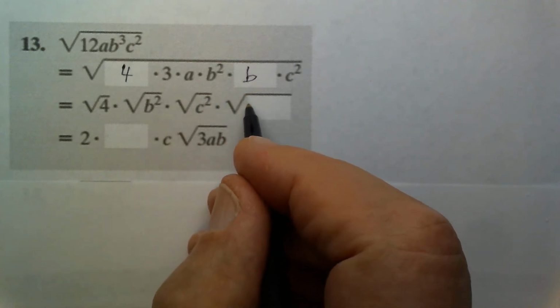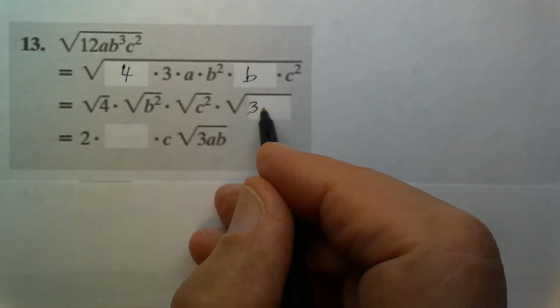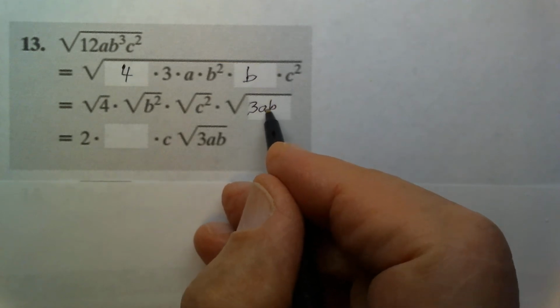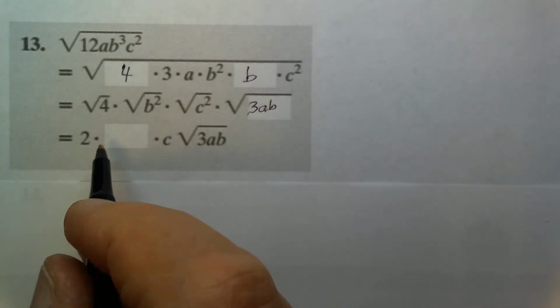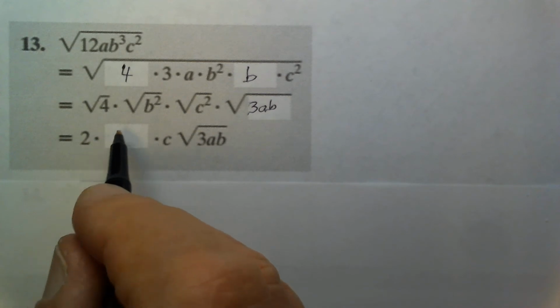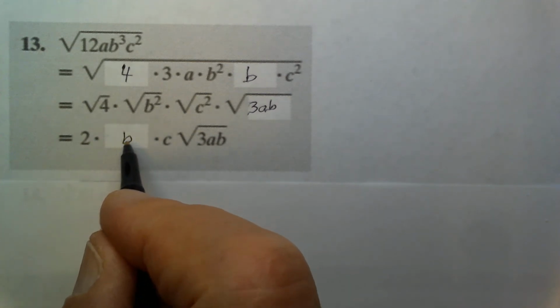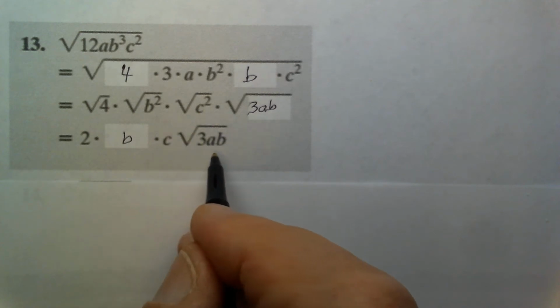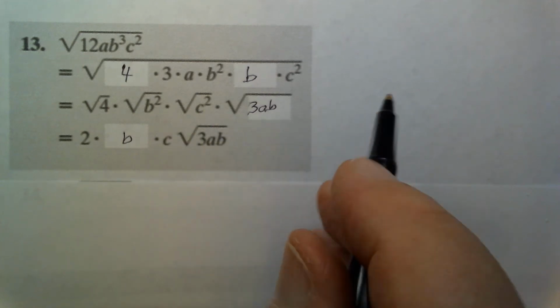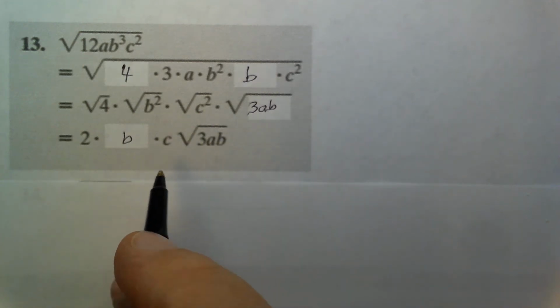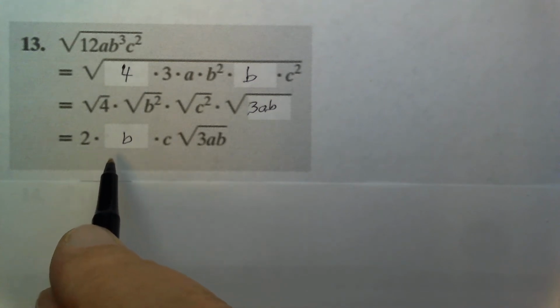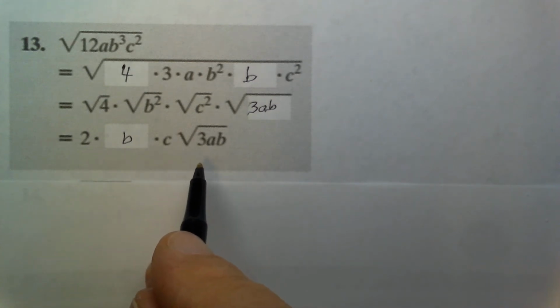So 3ab. So the square root of 4 is 2, the square root of b squared is b, and the square root of c squared, of course, is c, times the square root of 3ab, and that would be our final solution, 2bc times the square root of 3ab.